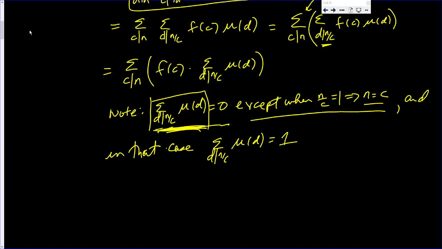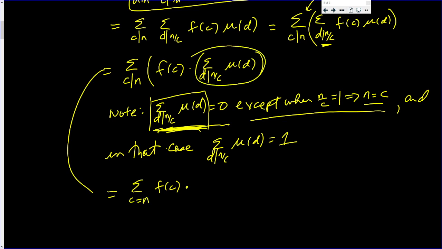That's important. Okay, so coming down here, we have the summation as n is equal to c. Well, let me say it the other way. c equals n of that times that. But that's 1.